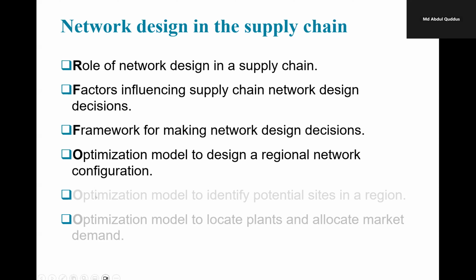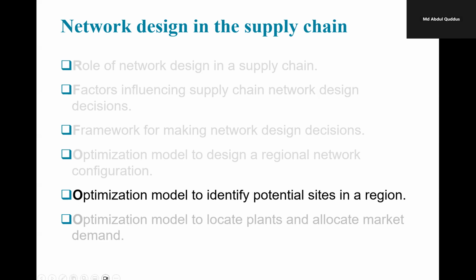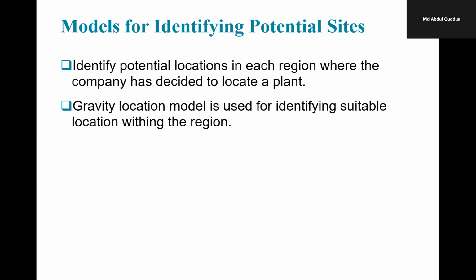We continue from discussing the optimization model to identify the potential site in a region. You are basically identifying the potential location. Remember, in the first case, we identified the network design in a big picture.